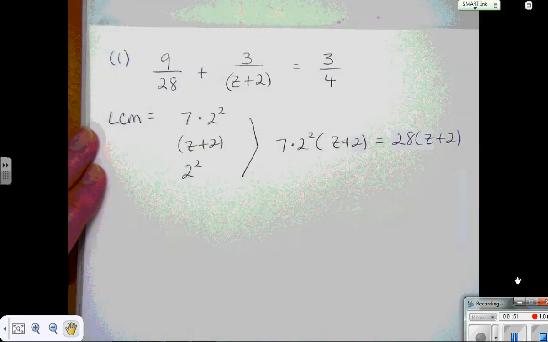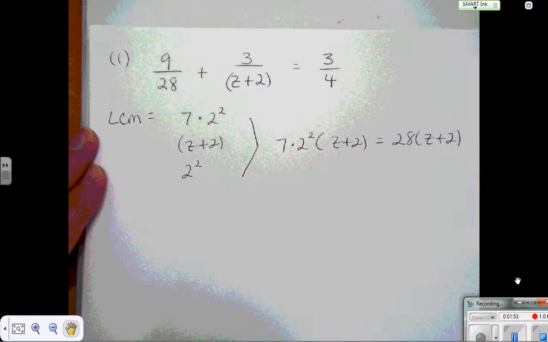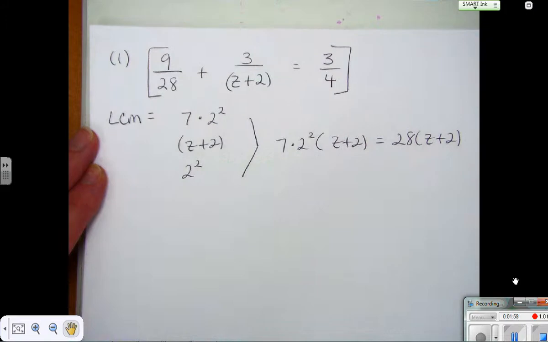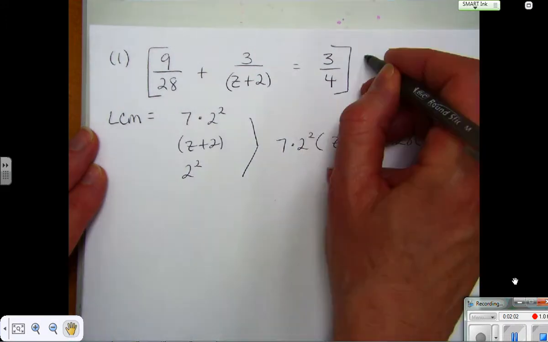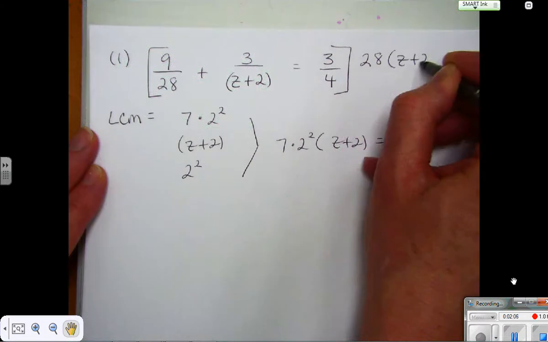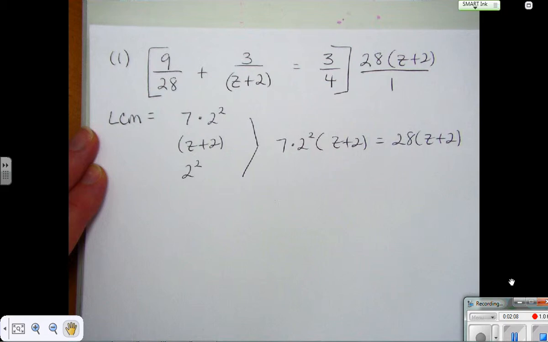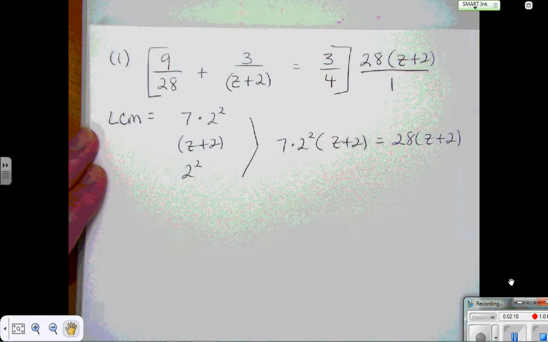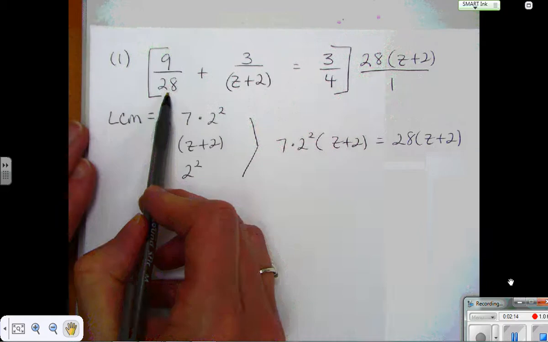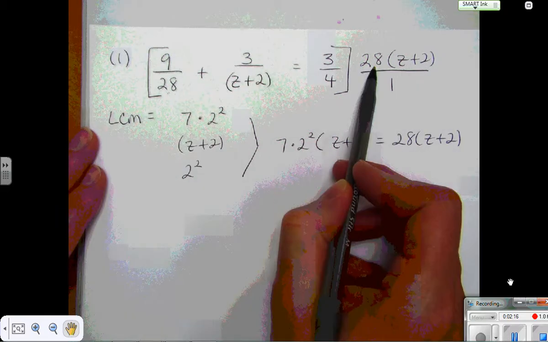Okay, so I'm going to take that 28 times z plus 2 and multiply all the way through that equation. Some of it is going to reduce out when I multiply each one by that denominator, and sometimes it won't reduce out. So for example, on this first fraction, this denominator 28 is going to reduce with that 28.